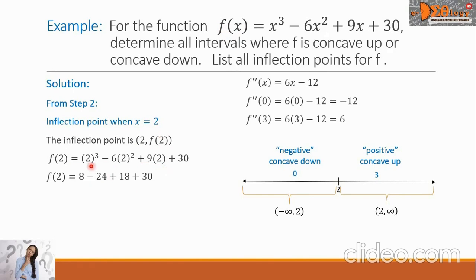We can simplify 2 cubed into 8, minus the 6 times 2 squared is 24, plus 9 times 2 is 18, and then plus 30. When we simplify the numbers here, the answer is 32. So the coordinates of our inflection point is 2, 32. Let us take note of this inflection point in here.